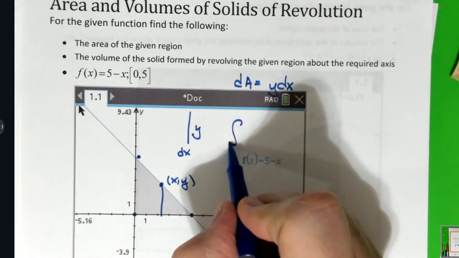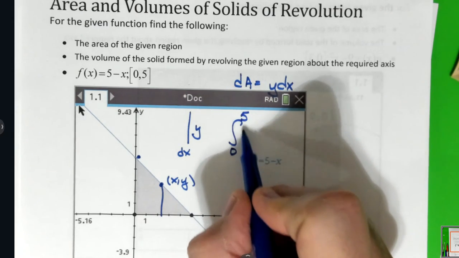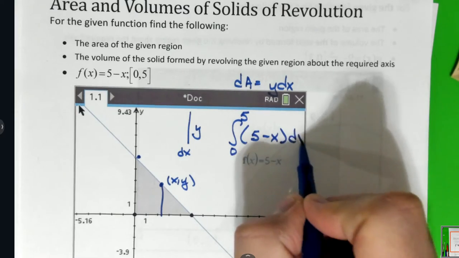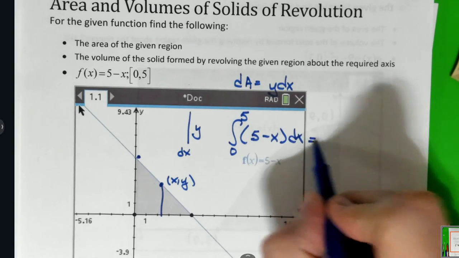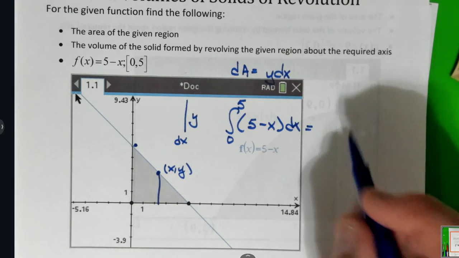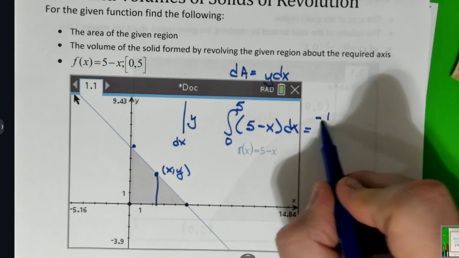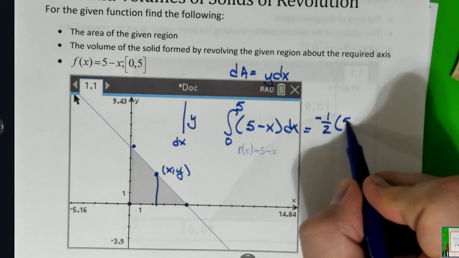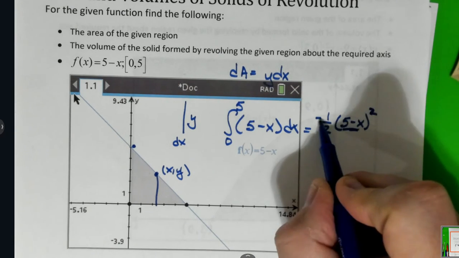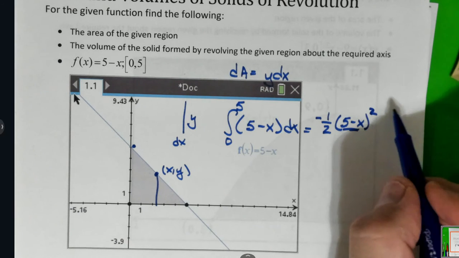So my area is the integral from 0 to 5 of the quantity 5 minus x in x. Now, I'm going to integrate that as one whole thing. So, I'm going to gain a power, and then don't forget the chain rule because you need a negative sign or you've got deep, deep trouble.